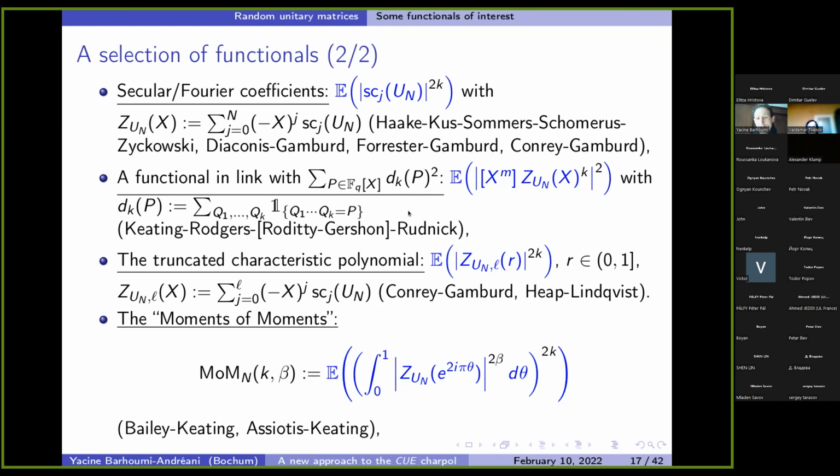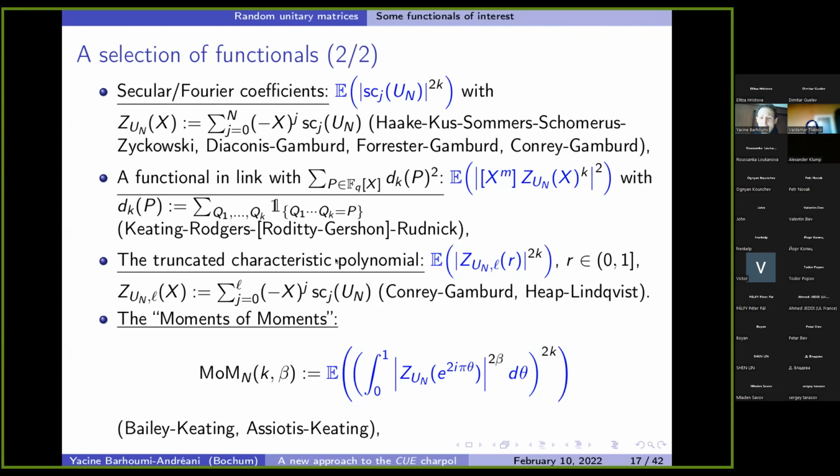This is due to the Katz and Sarnak theorem that in fact explains that if you pass to the limit over q, you get the unitary group. So then you have some functionals of the unitary group. And here this was a link. This was a functional with the number of prime factors of random polynomials over a finite field.